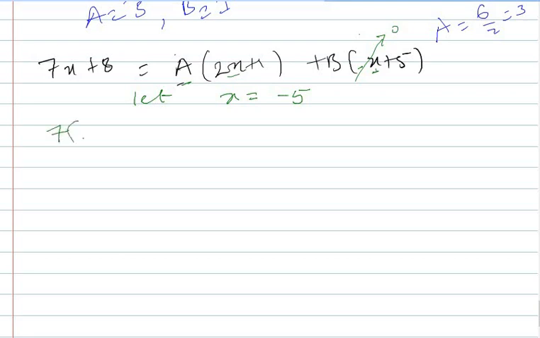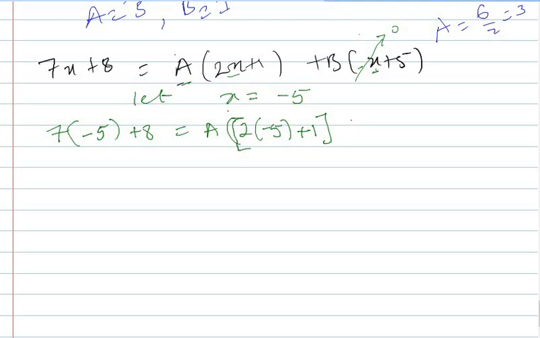So 7 into minus 5, plus 8, is equal to A into (2 times minus 5, plus 1), and for the other one, B times (x plus 5).